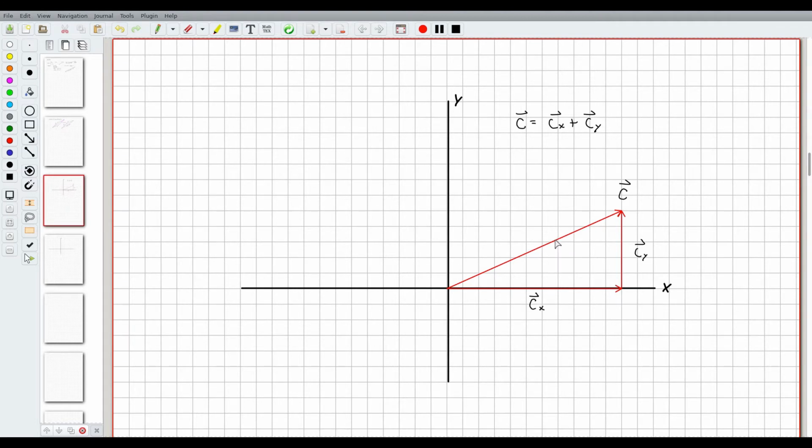Now, I know trig is a dreaded word. It's incredibly necessary for physics, so we're going to have to deal with it.